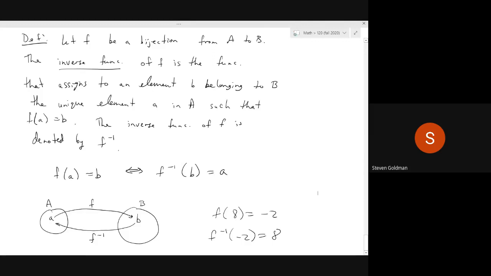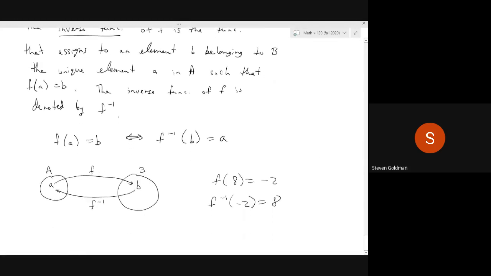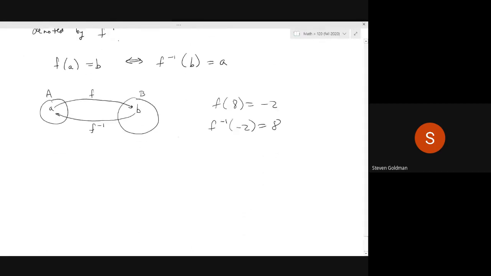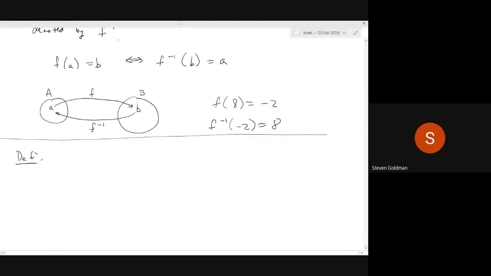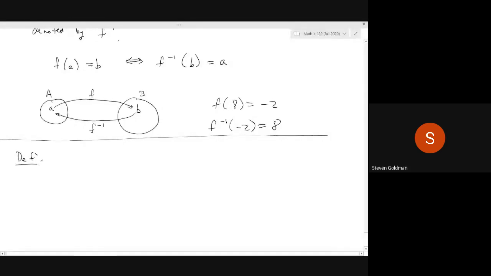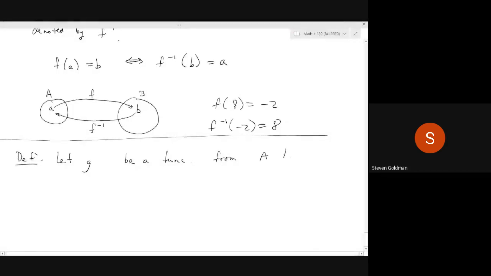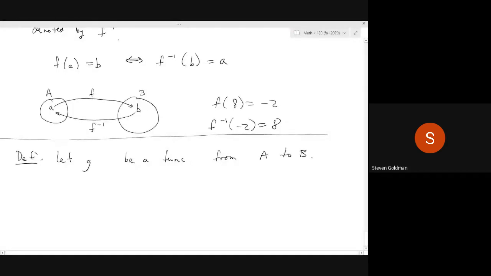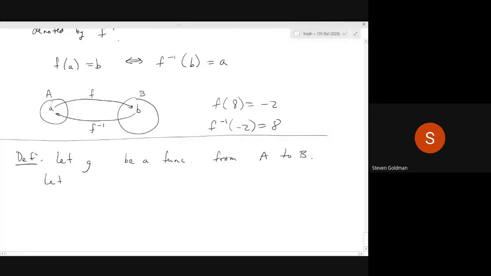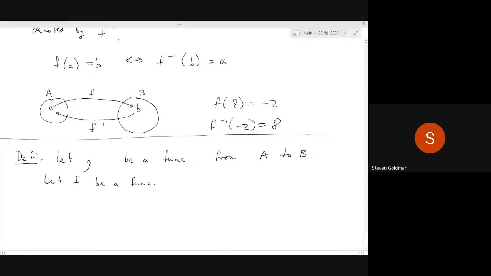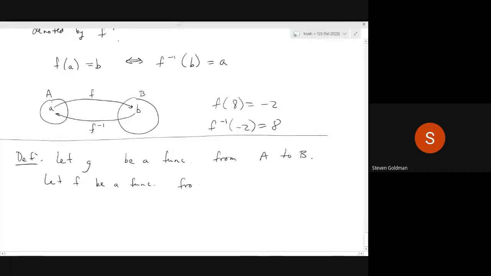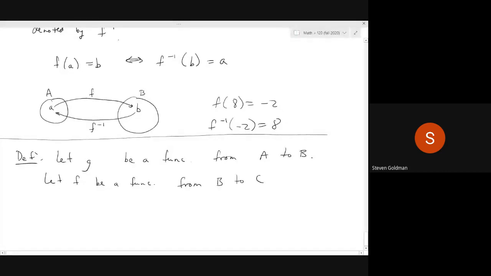Okay. Now let me give you the definition for the composition of two functions. Let g be a function from A to B. Let f be a function from B to some set C. Okay.